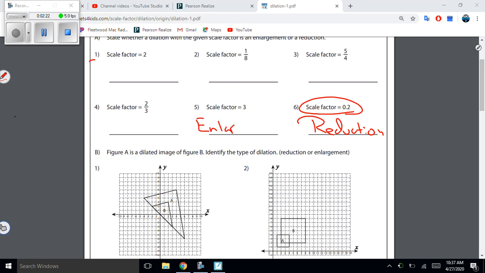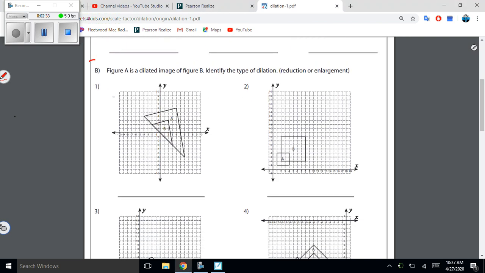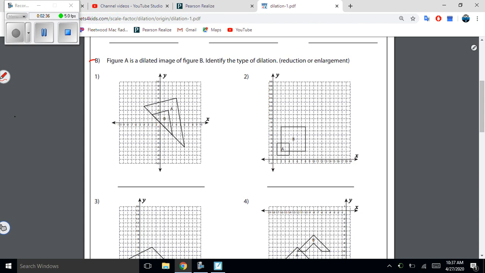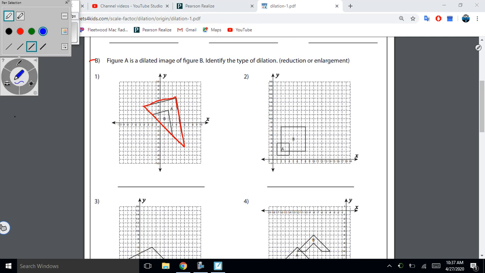I'm going to take a look at it from a picture perspective in a little bit here, as we see down below. And so what this basically means is, if I dilate A to B, you have to identify the type of dilation. This might be a little bit tough for you guys to see in regards to where it's actually located, but it looks like to me, A to B. A is this cat right here, and then B is this guy right here.